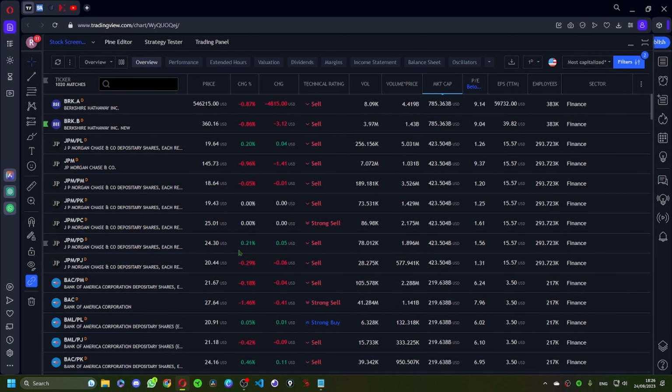However, this is a very good method of screening for stocks, because you can basically look over the entire market. So basically all of the stocks that exist are here on TradingView. There were like 18,000.